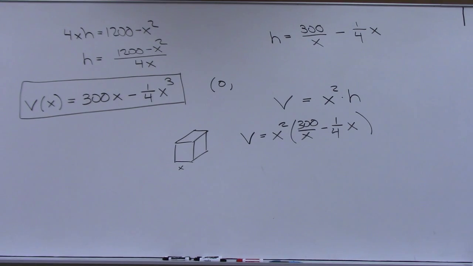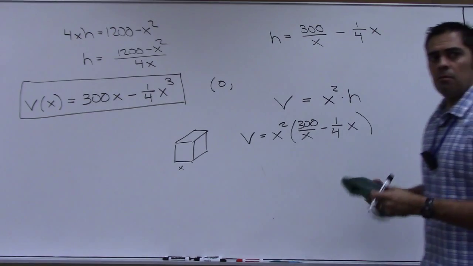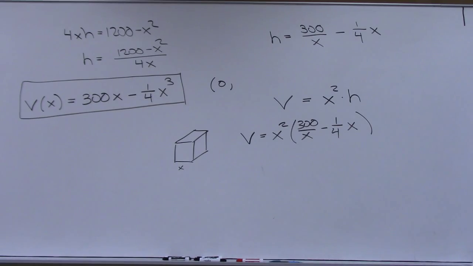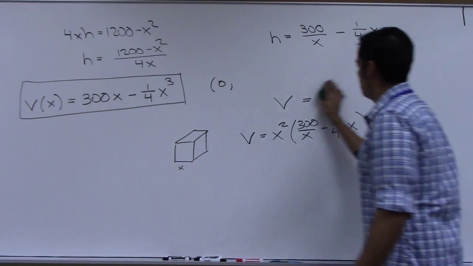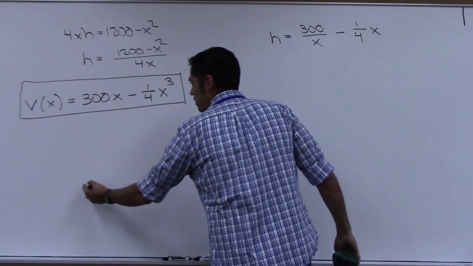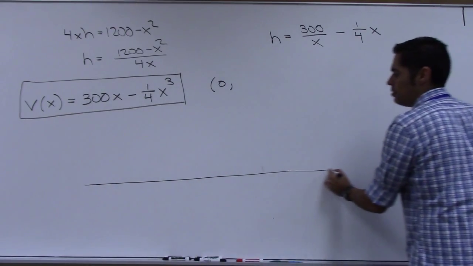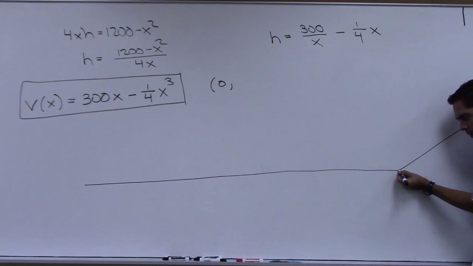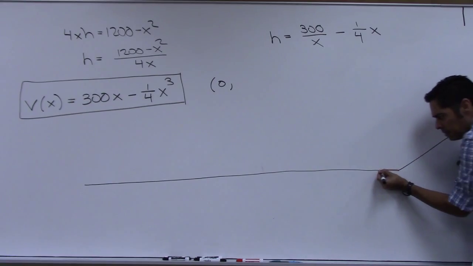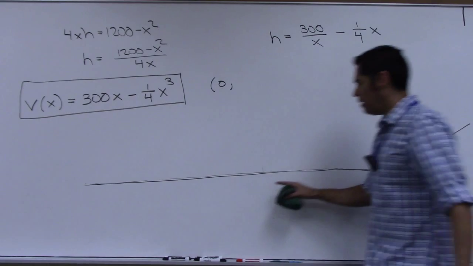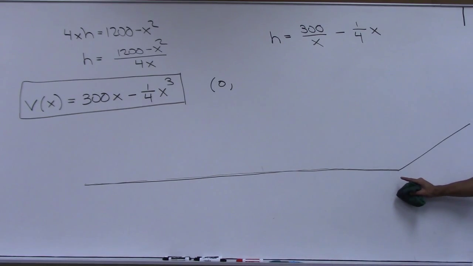Infinity? So there's no biggest? What do y'all think? Yeah, because eventually it'll overflow, because you only have 1,200 centimeters squared of material. So if I made this thing super, here's my box, right, and I make my height infinitesimally small like this, can I still get 1,200 square centimeters?